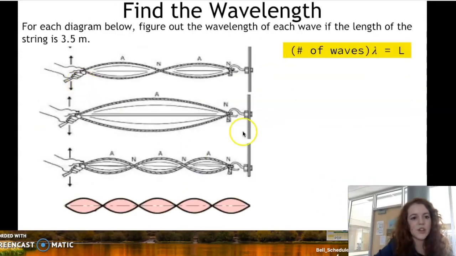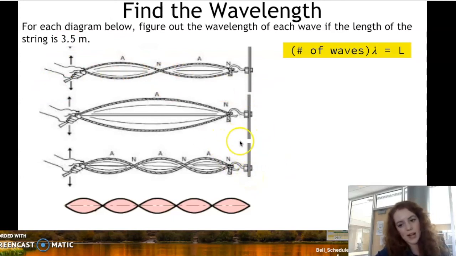Okay, so now let's use this equation. Let's say each of these strings, and this is not in your packet, this is just for us to practice with and see if you can follow along with the math in this equation setup. So I've got my equation up here, and I know the length is 3.5 meters of the whole string.